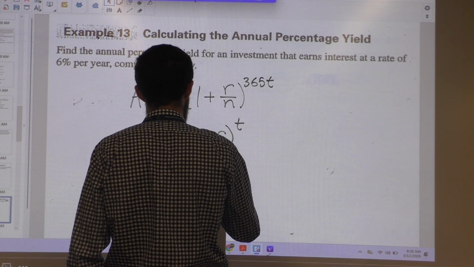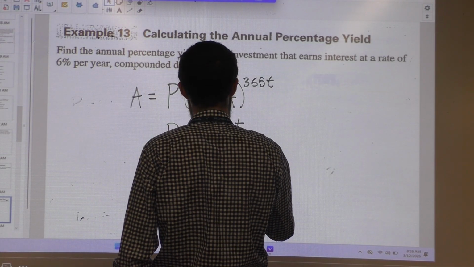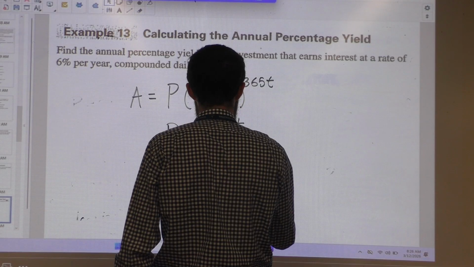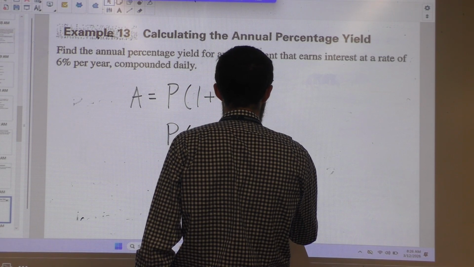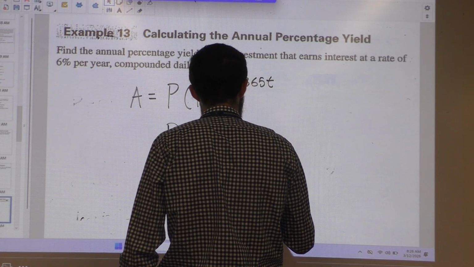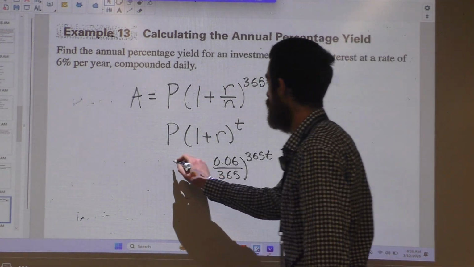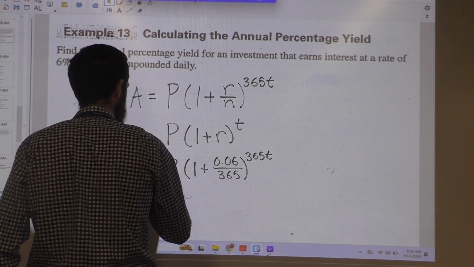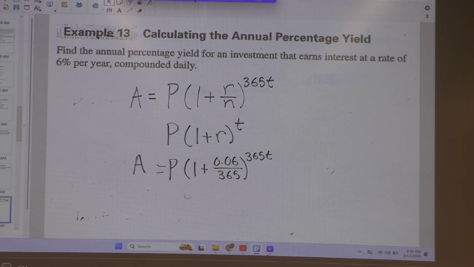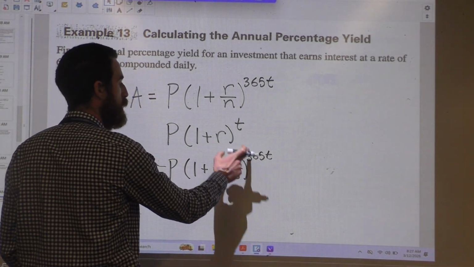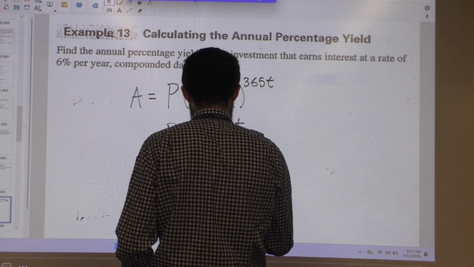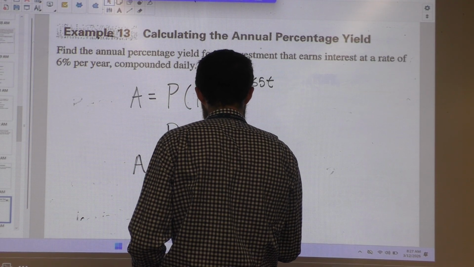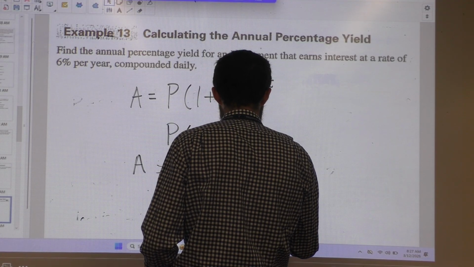One plus r over n, 6%. We don't know this. And we want to know how many times per year. So if I compare these two expressions, I have P times 1 plus 0.06 over 365 to the 365.